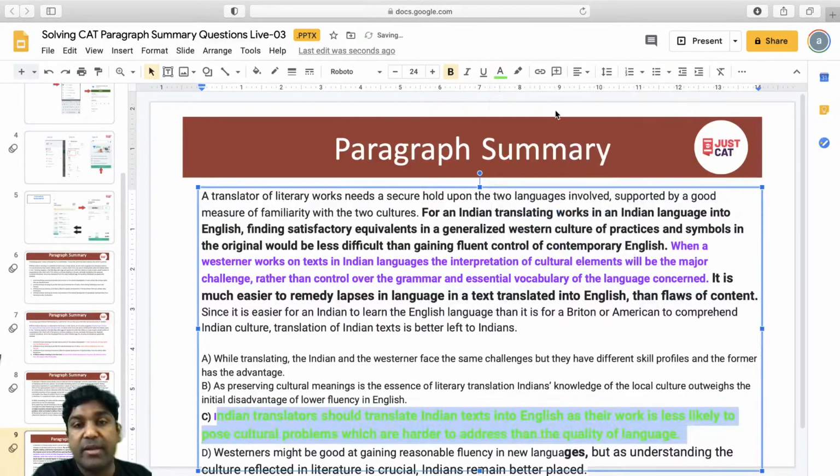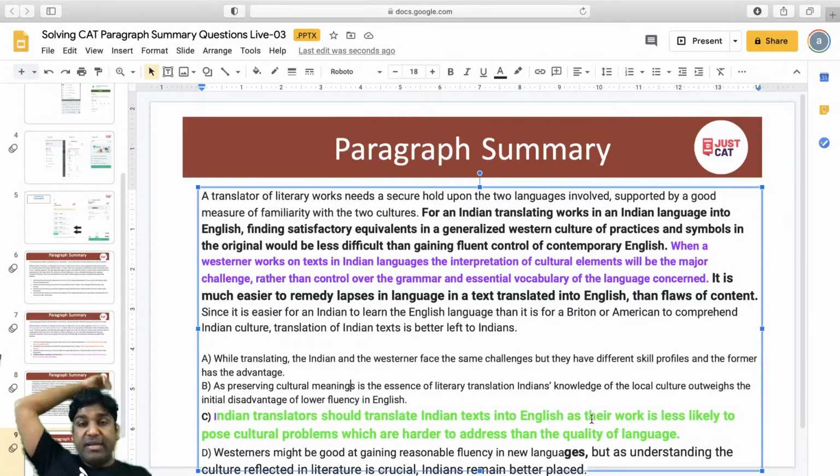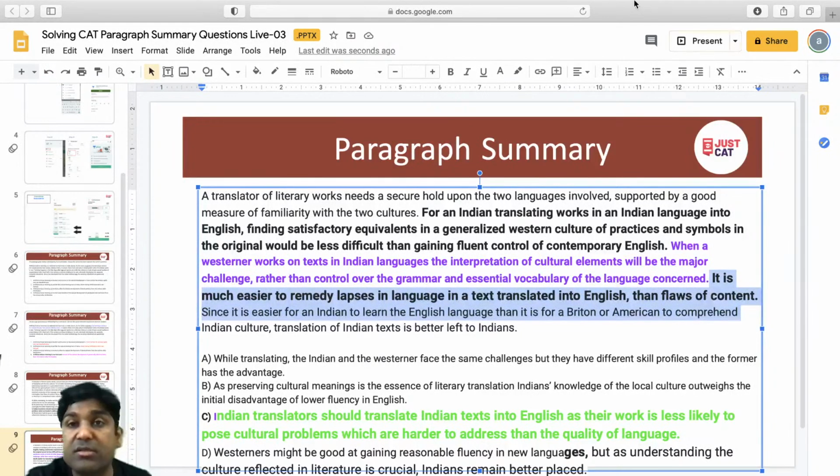Let's make it green, so it is very evident. Indian translators should translate Indian text into English as their work is less likely to pose cultural challenges, which are harder to address than quality of language, which was said here. It is easier to remedy lapses in language in a text translated into English than cultural confusion. So this is how it is.